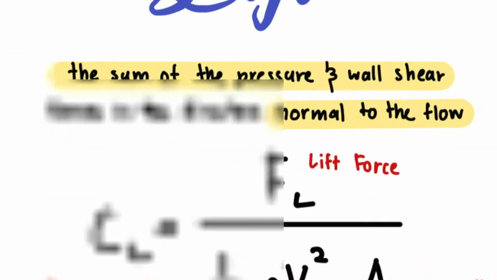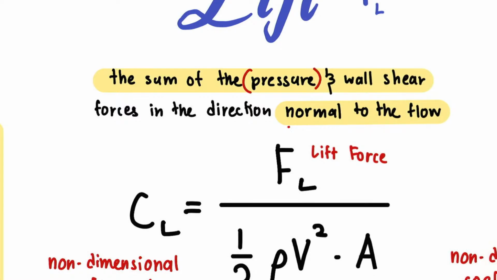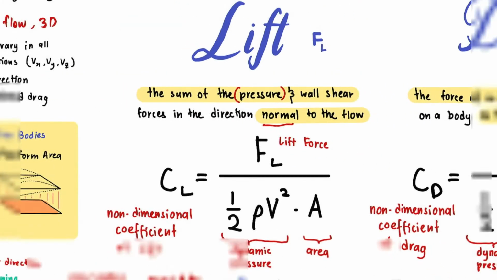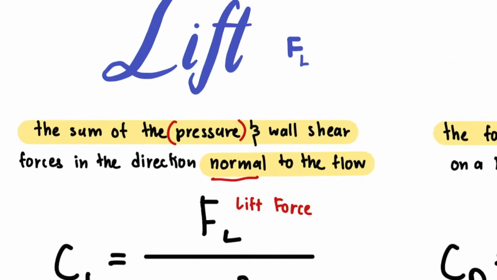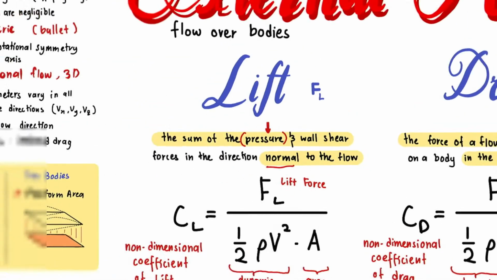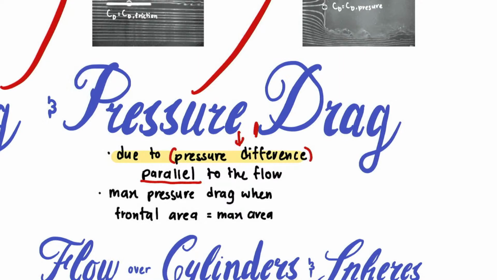Over here, we have pressure normal to the flow. So that's the difference between lift and drag. This one is normal to the flow, but this one is parallel to the flow. So you guys cannot mix them up.